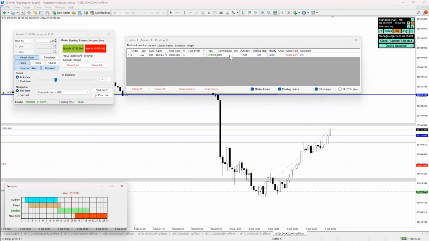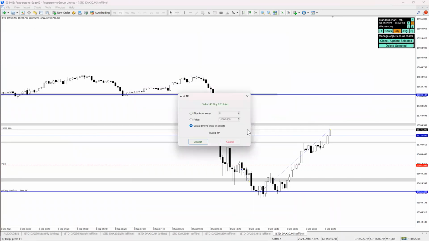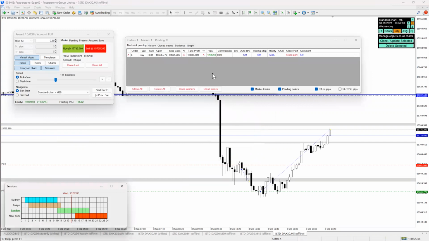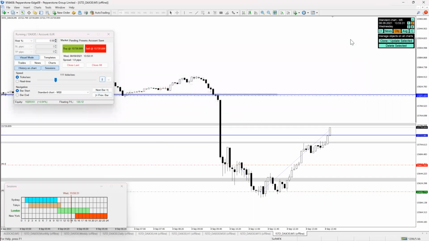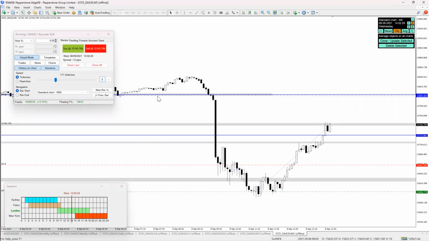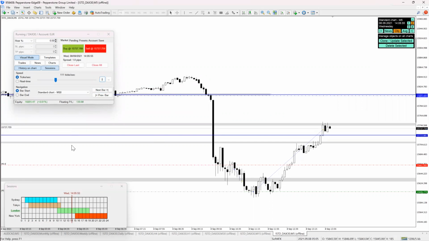I'll set a target, TP, to fill that whole range, or until NY session, because NY session could pull back completely.